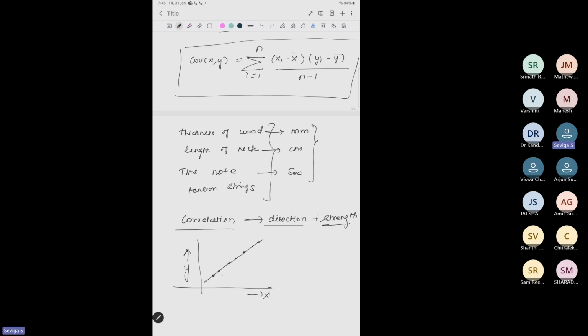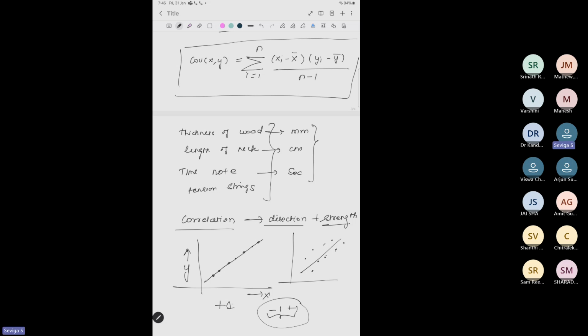This line, we can say that it still has a positive covariance, but it has a weaker correlation. It is positive, but it has a weaker correlation. So when it has a perfect correlation, we can say it is +1. Correlation varies between -1 to +1.